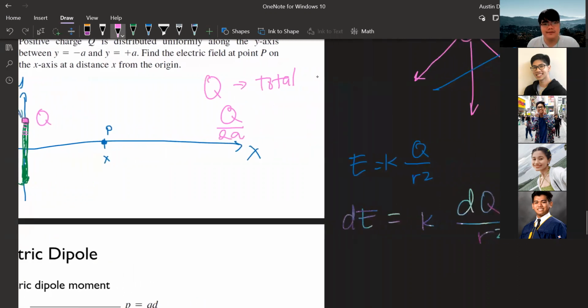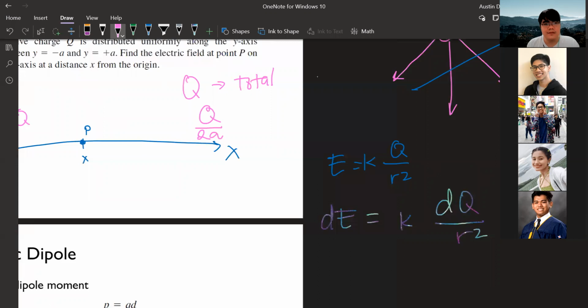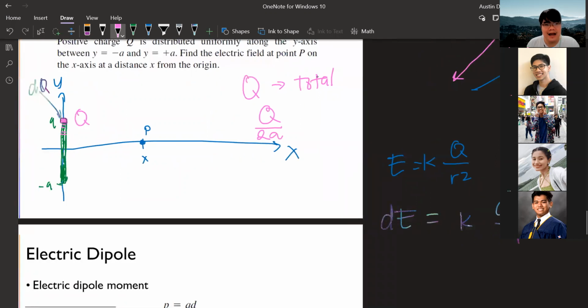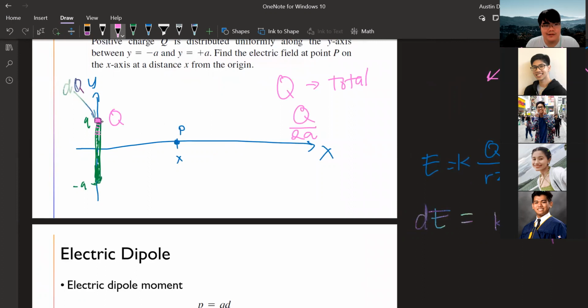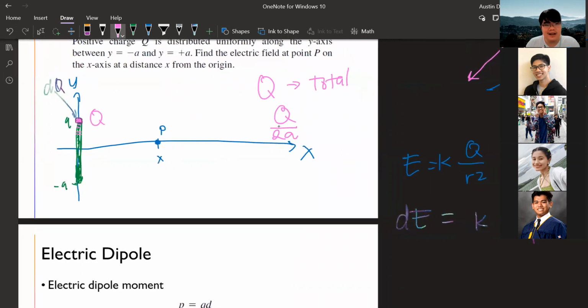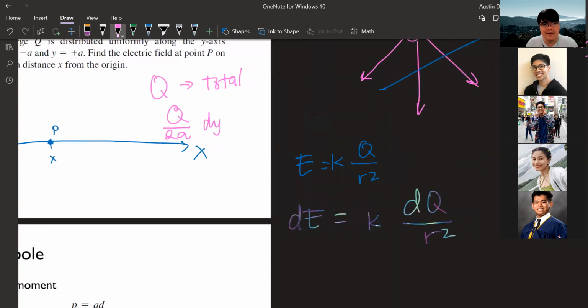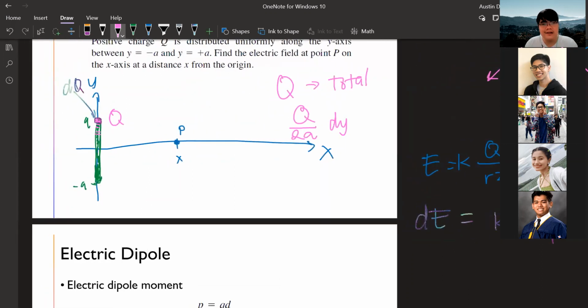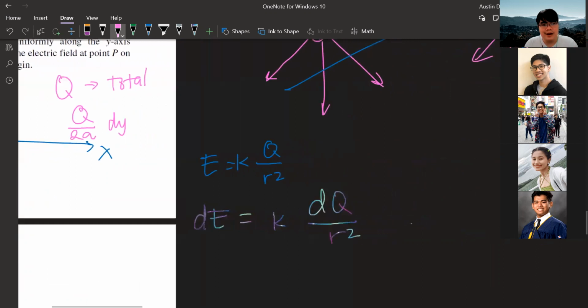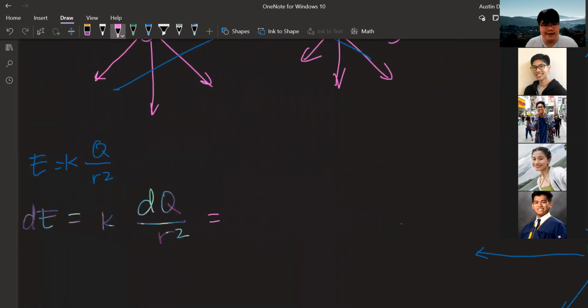Okay. Tapos, multiplyan mo siya nung haba nung small bit mo. Okay? Yung small part mo. So ito yung density niya. So multiplyan mo siya ng onting length para makuha yung small bit na yan. Okay? So we have to replace things. This is k q over 2a times dy.